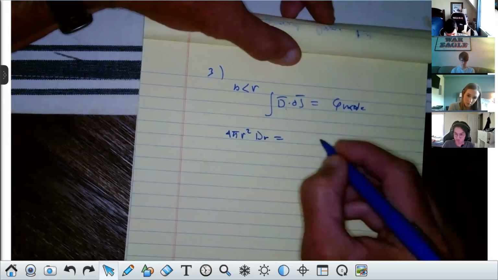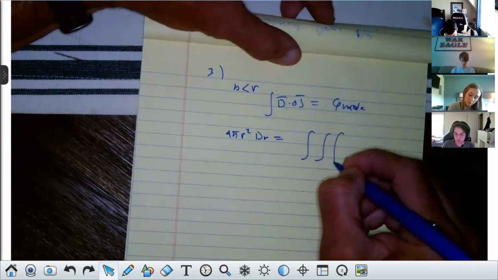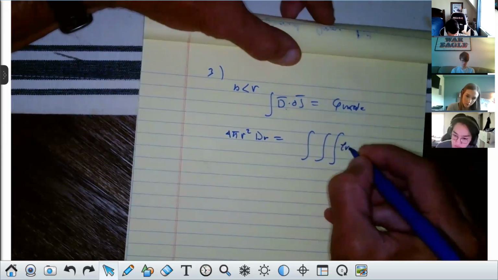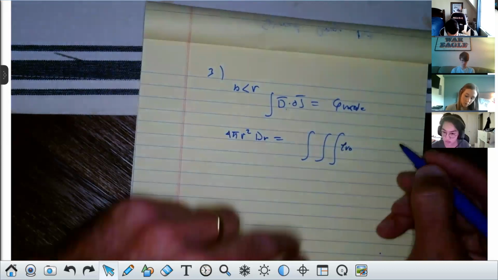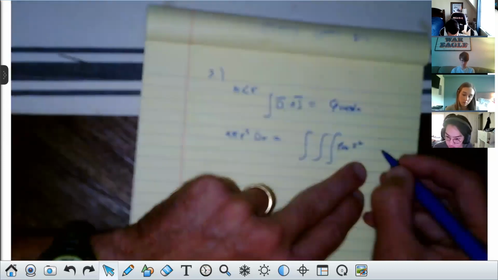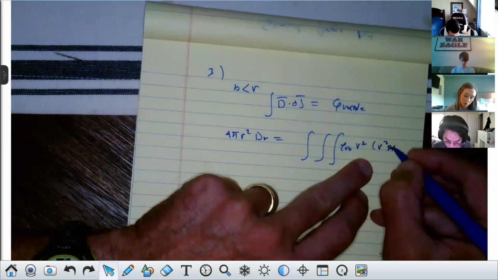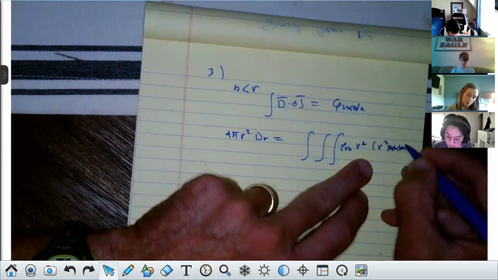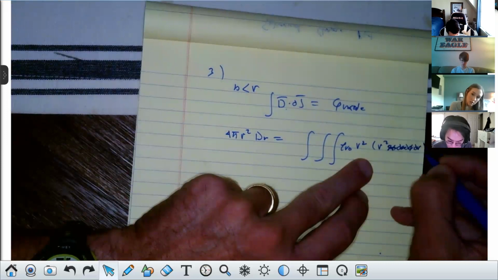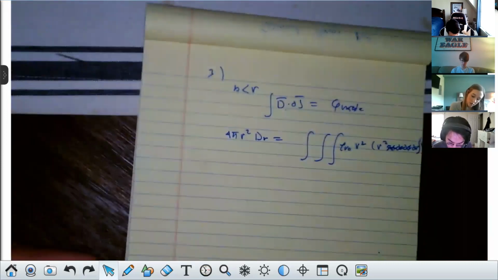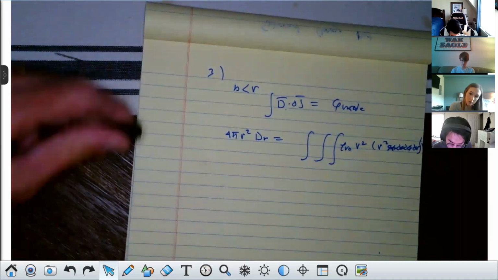I'm going to write this integration one more time. That's rho v 0, right? Times r squared. And now it's the differential surface, which is r squared sine of theta d phi dr. And now I go ahead and put the limits on.